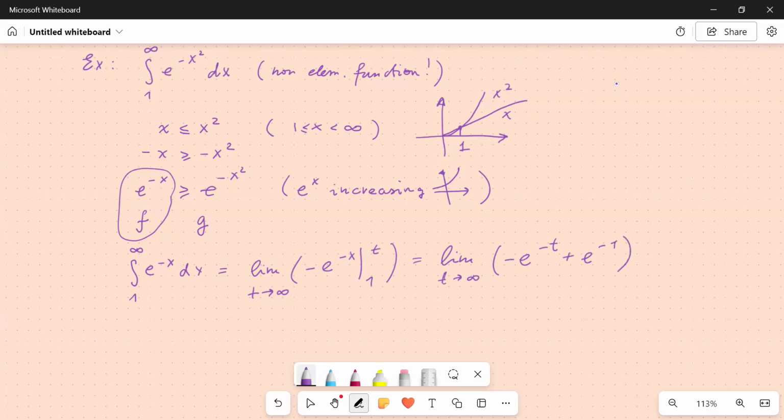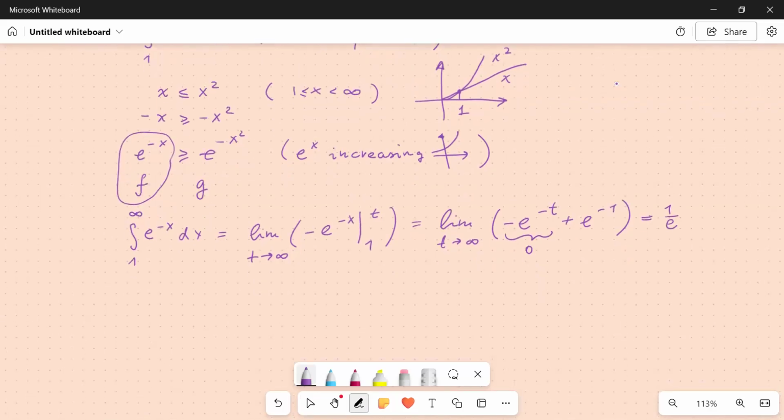What is going to happen over here, guys? Infinity here is going to be e to the negative infinity. E to the negative infinity is going to give us 0. This one is going to give us what? 1 over e. So actually my top integral is convergent. So this one, because it's below g, is going to be convergent too.